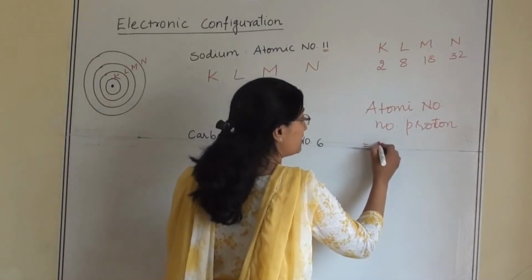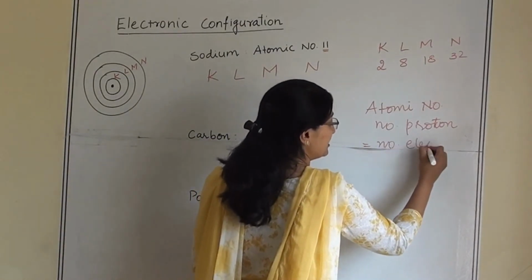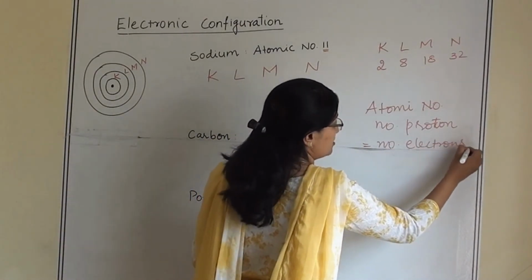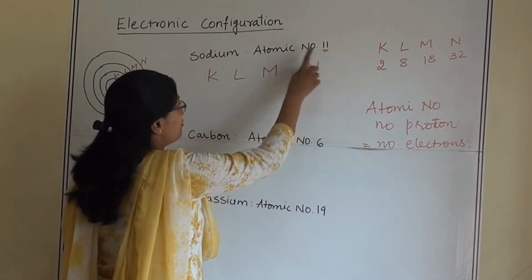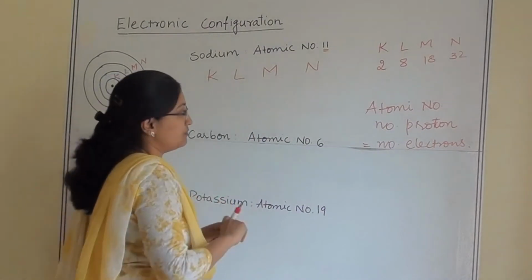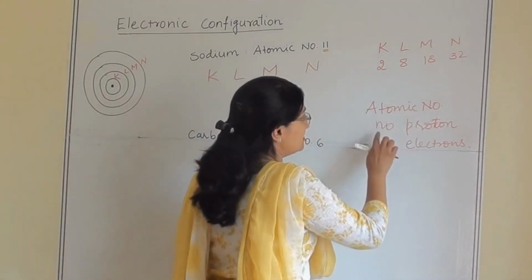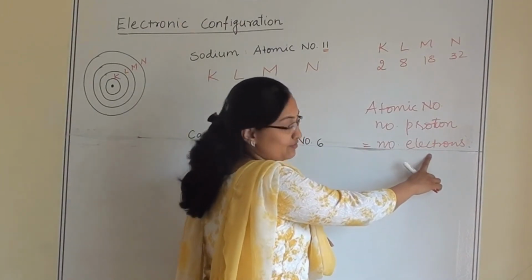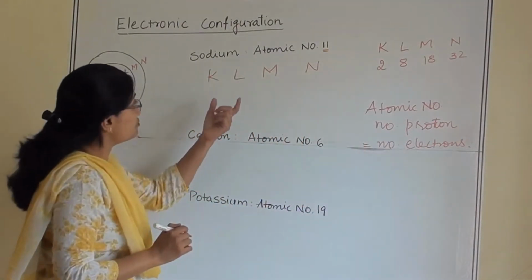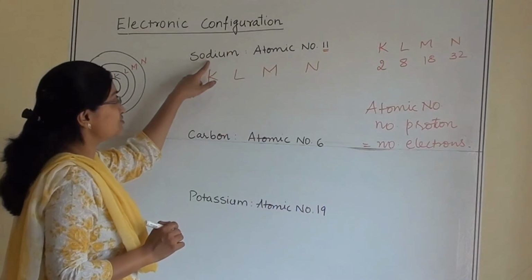Number of protons is equal to number of electrons. So can I say that there are 11 electrons in sodium? Yes, because atomic number is the number of protons, and number of protons is equal to number of electrons. So there are 11 electrons in sodium.